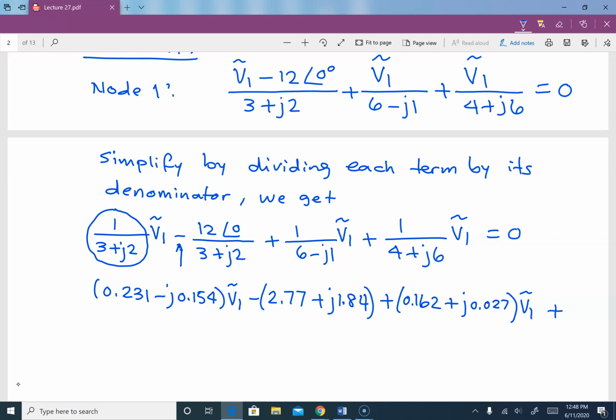Then we have the last term, 1 divided by 4 plus J6, which will come out to be 0.077 minus J0.12, times V1, and that is equal to 0.